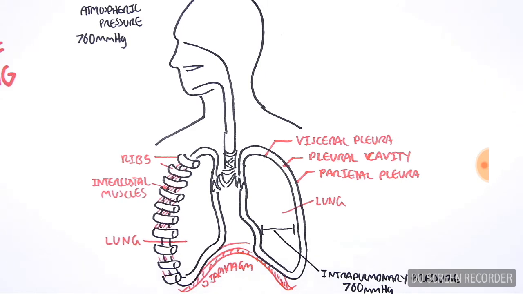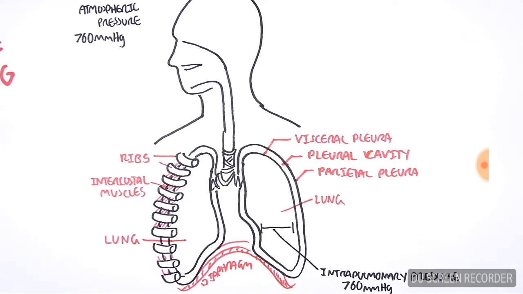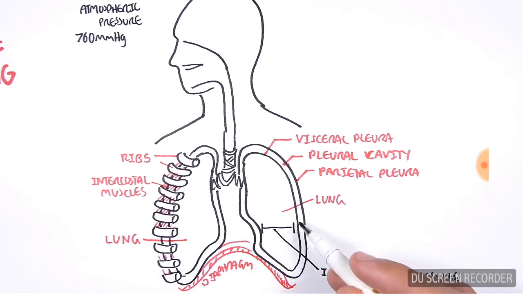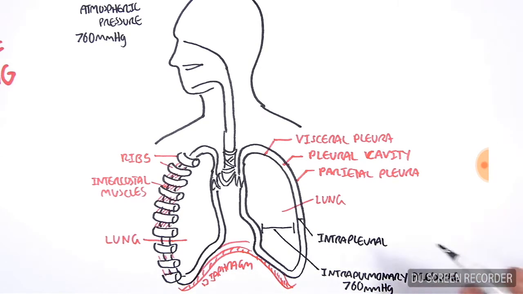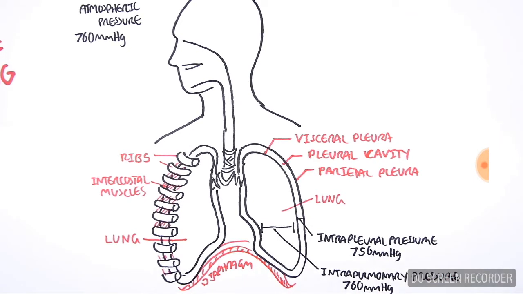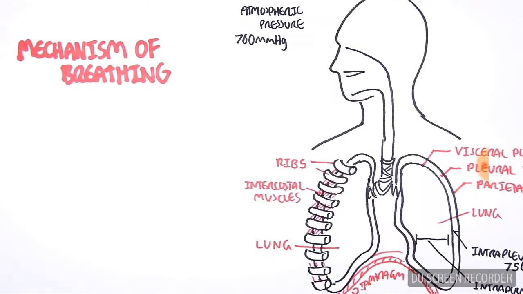We also have this other pressure called the intrapleural pressure, which is the pressure in the pleural cavity. Now, to make this video really simple, we will focus only on the atmospheric pressure and the intrapulmonary pressure, which will try to balance out.